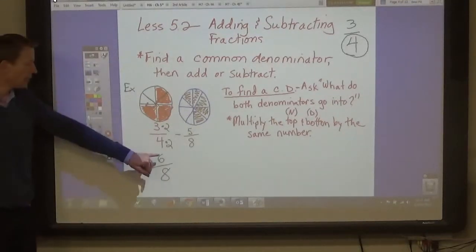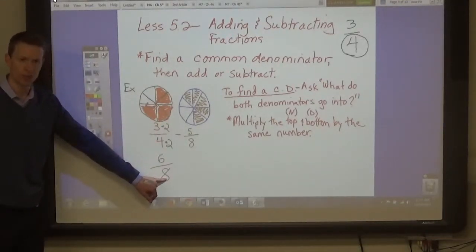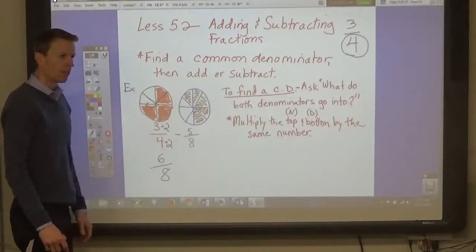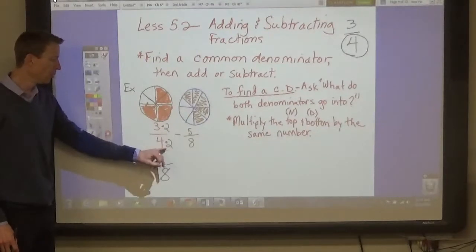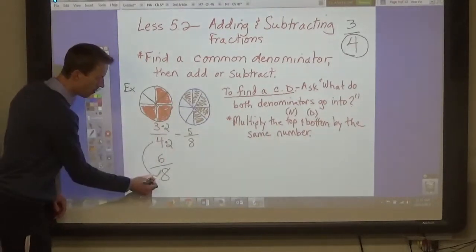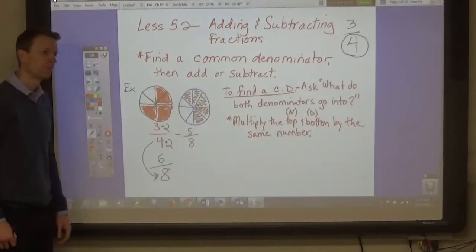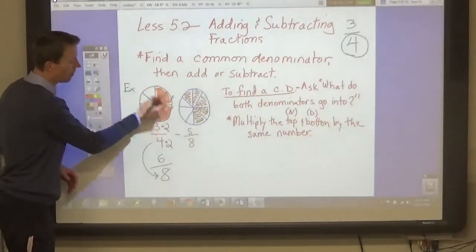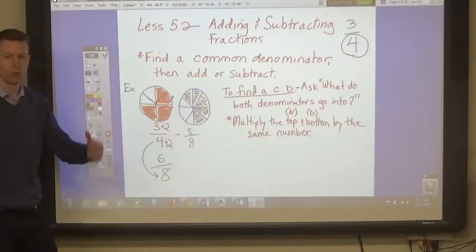Now, why did we choose to multiply it by 2? Peter also said that. Why did we choose to multiply it by 2 to get 8? Why didn't we just cut them up this way and make 20 pieces?